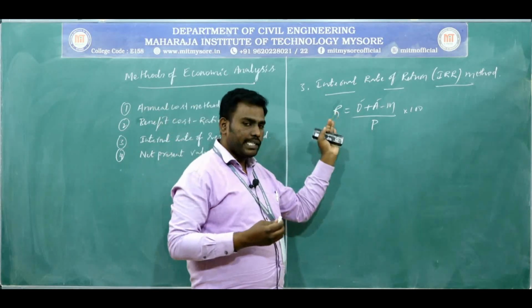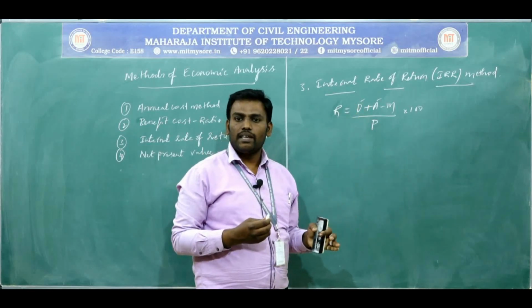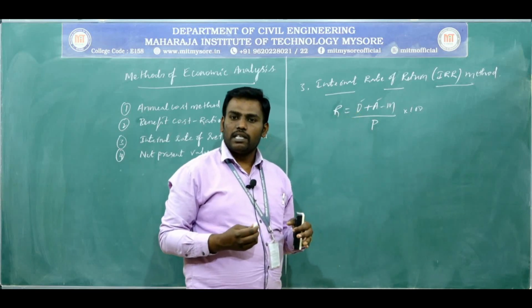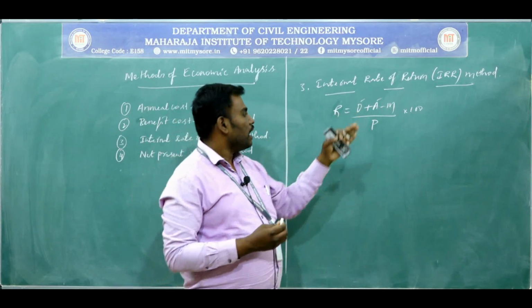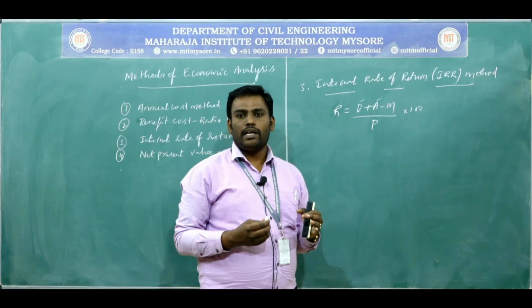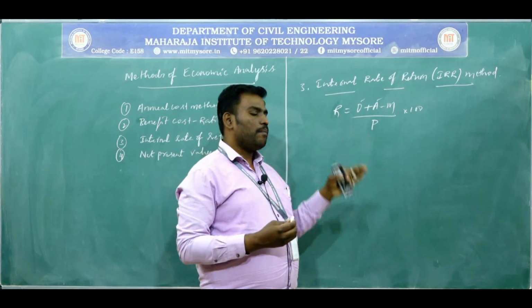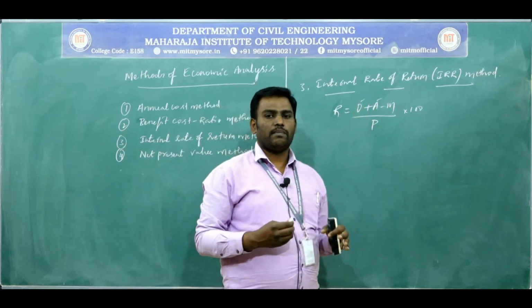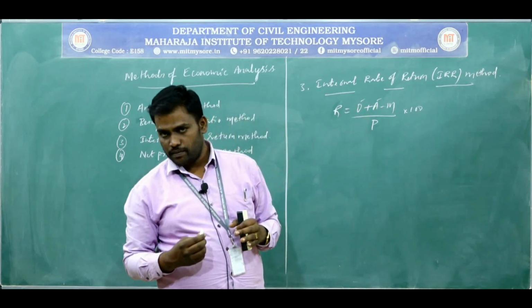Where R is the percentage of rate of return, O is the savings in annual road user cost, A is the annual savings in accident costs, M is the average maintenance cost per annum, and P is the capital cost of improvement, and multiplying by 100 will give the percentage of rate of return.